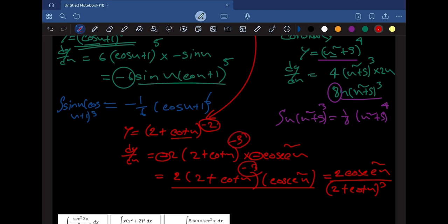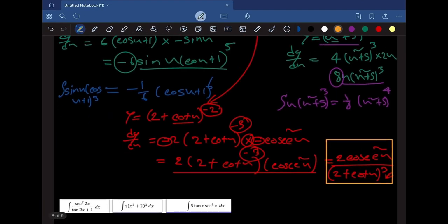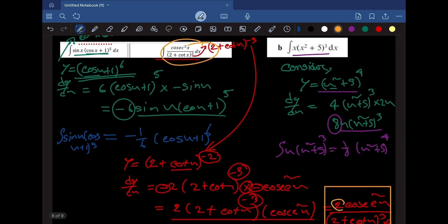This minus 3, when it goes down, it was in multiplication, but when it becomes division, the power changes, and from negative 3 it becomes positive 3. So this equation is exactly the same as this one, just with a difference of this small 2.